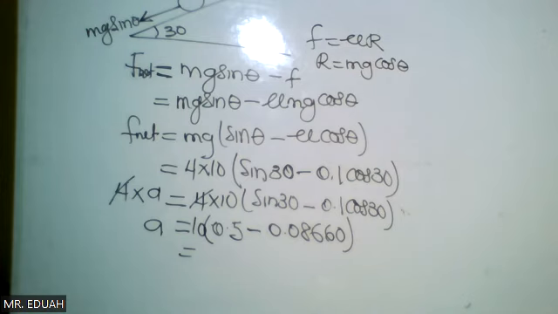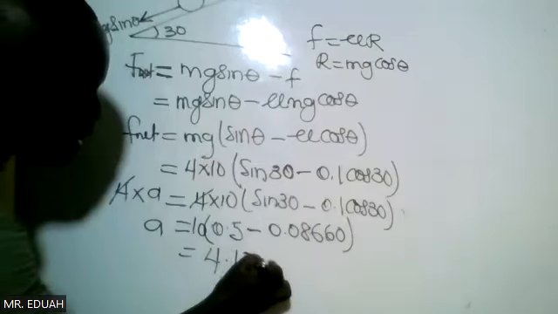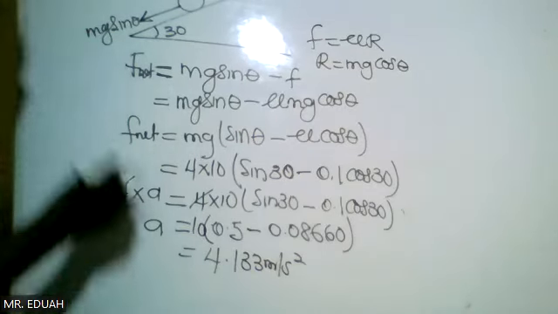Adua and Priya, respond and let's move on. 4.1, 4.133. 4.133 meters per second squared.